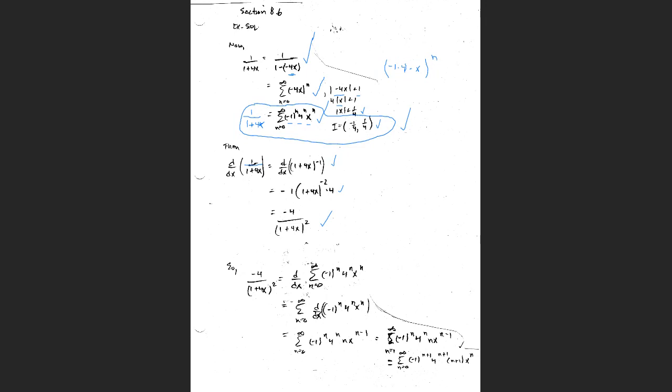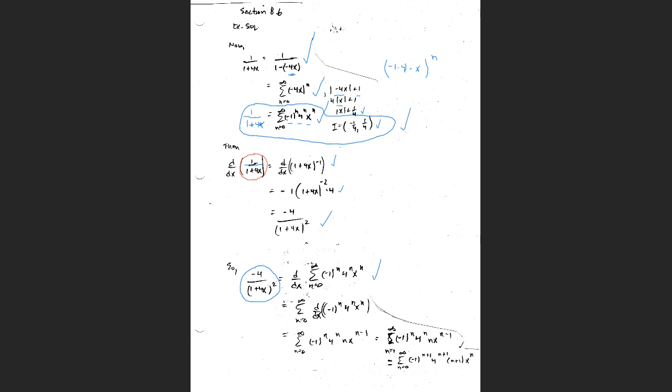So negative 4 over the quantity 1 plus 4x squared would be equal to the derivative of our power series, right? Because differentiating 1 over 1 plus 4x is the same as differentiating the power series of 1 over 1 plus 4x.